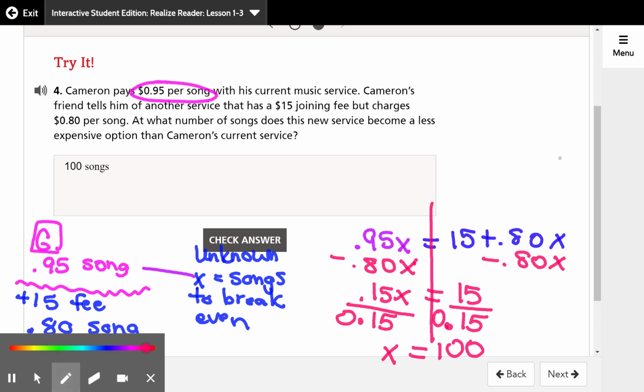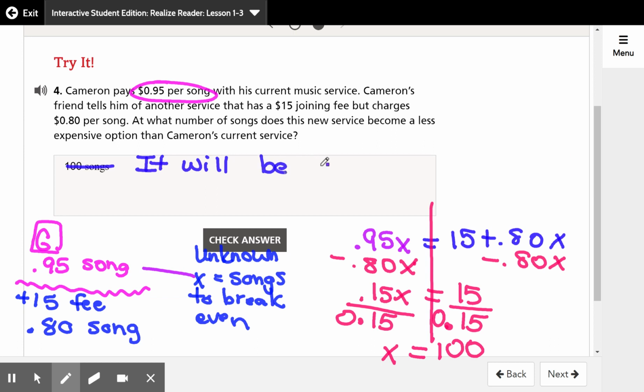So let's be proper here. So it will be less expensive after 100 songs.